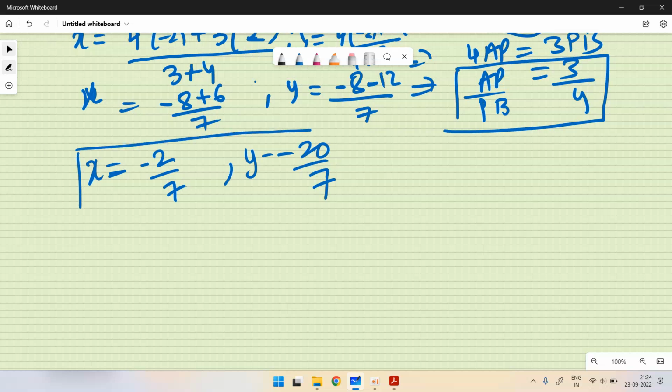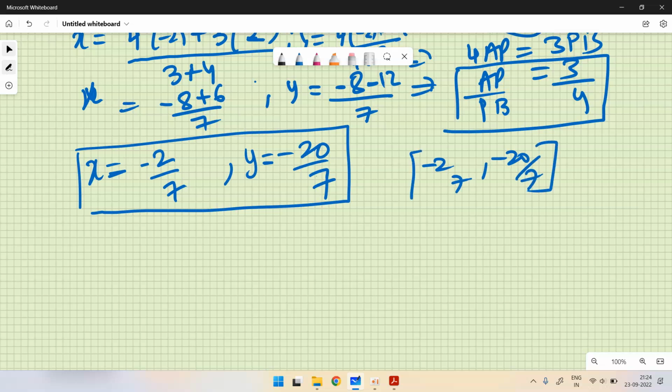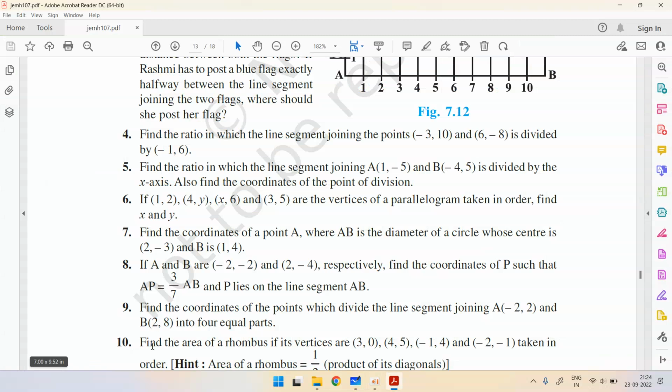So the coordinate of the point is minus 2 by 7, minus 20 by 7. It's the answer. Now what is question 9?